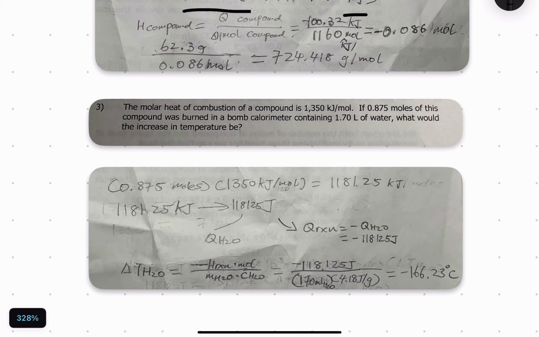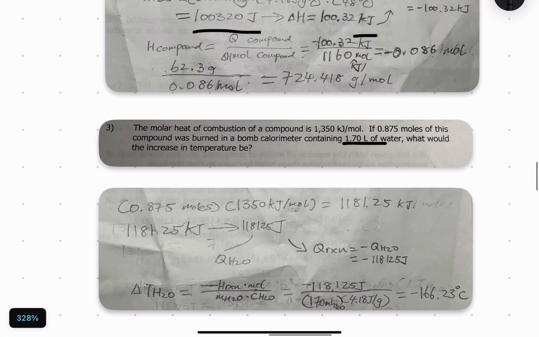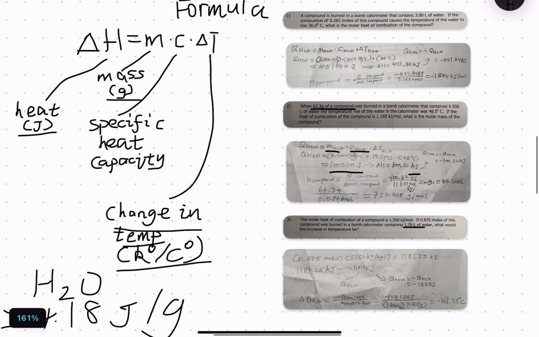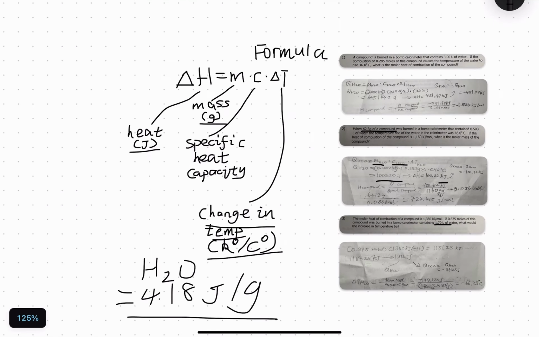We're basically converting 1.7 liters into milliliters, so it gives 170 milliliters of H2O, multiplied by 4.18 joules per gram. And this lastly gets us negative 166.23 Celsius. That would be the solution for the three practice questions that we just solved, including the formula that we just talked about.